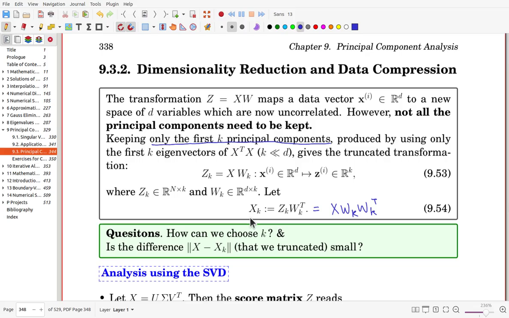Once you chop out components and apply the related back transformation, then in the data domain it is a kind of approximation. So let's try to measure the difference between the original data matrix and its approximation using only K components.